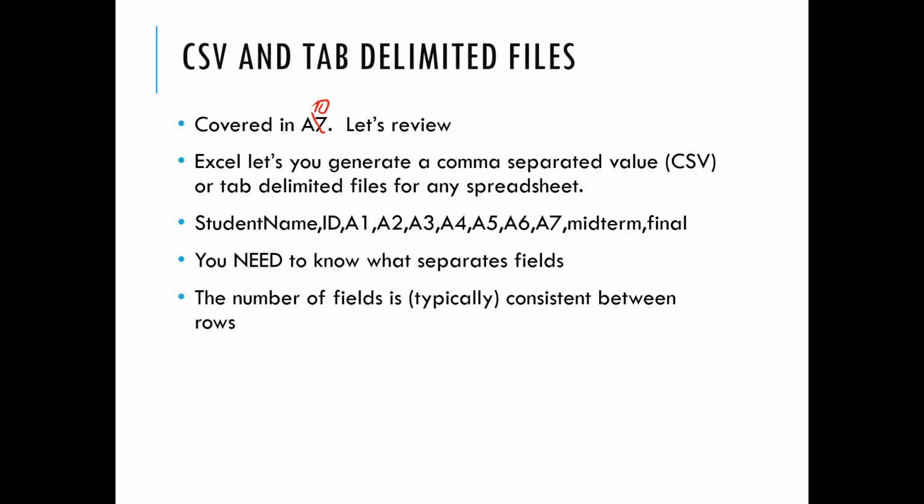In Excel, oftentimes we'll generate CSV files, and so we'll have things like student name, ID, assignment 1, assignment 2, assignment 3, all the way down. Right? I could put all my grades and my name in a line. I could put every single student in the class in a comma separated value file and then parse everything that way. As long as I have something to distinguish when the next field is and it's consistent, I can do that. That's what a CSV is for.